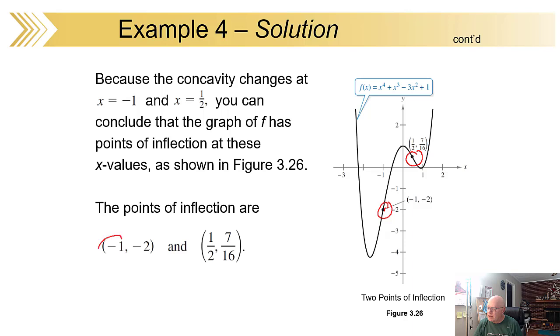Now, finding this and this is what you've just done. To get the second coordinate, remember, all you have to do is put the first number, the x, into the function itself and find out what the y value is.